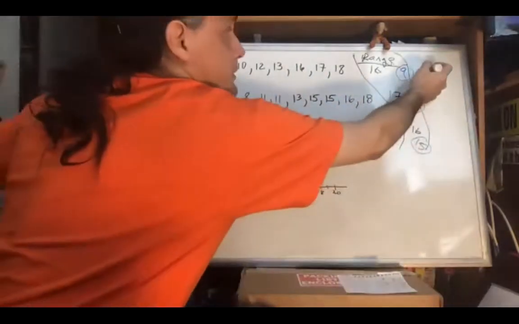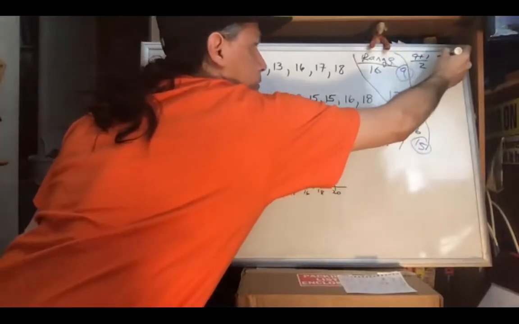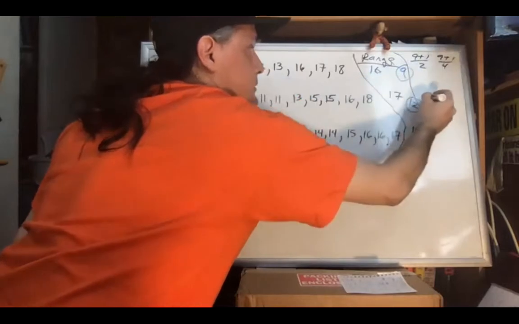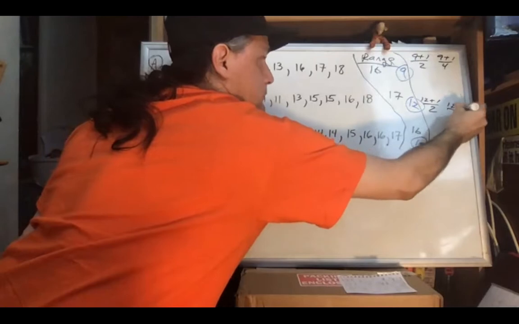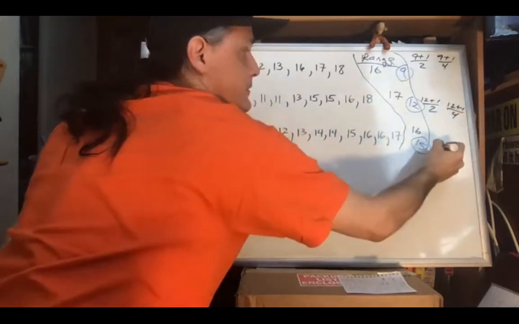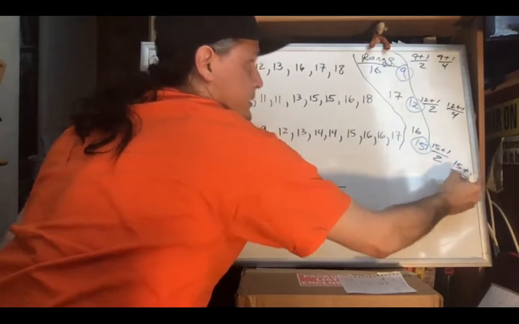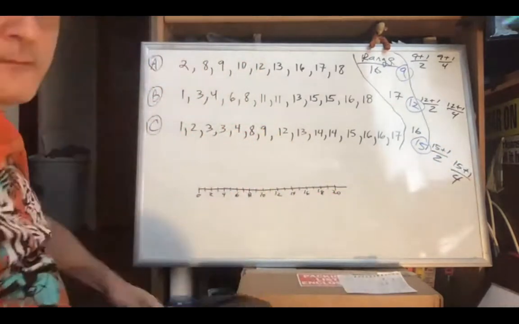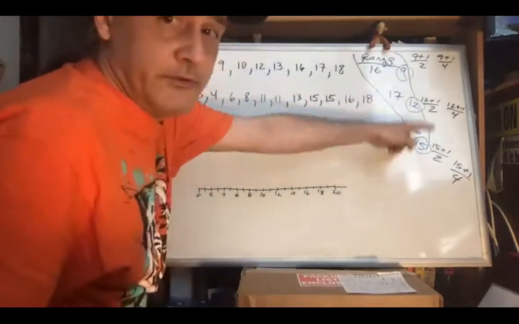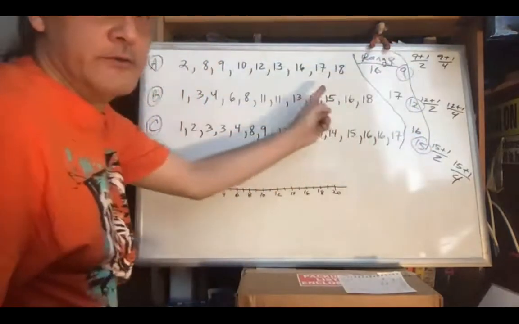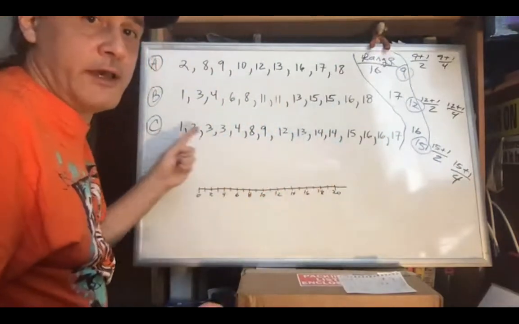So 9 plus 1 divided by 2, and then 9 plus 1 divided by 4, 12 plus 1 divided by 2, 12 plus 1 divided by 4, and then 15 plus 1 divided by 2, and 15 plus 1 divided by 4, right? Okay, and then these are just going to get us the positions. They're not going to get us the actual values because that depends upon the numbers that we actually have.